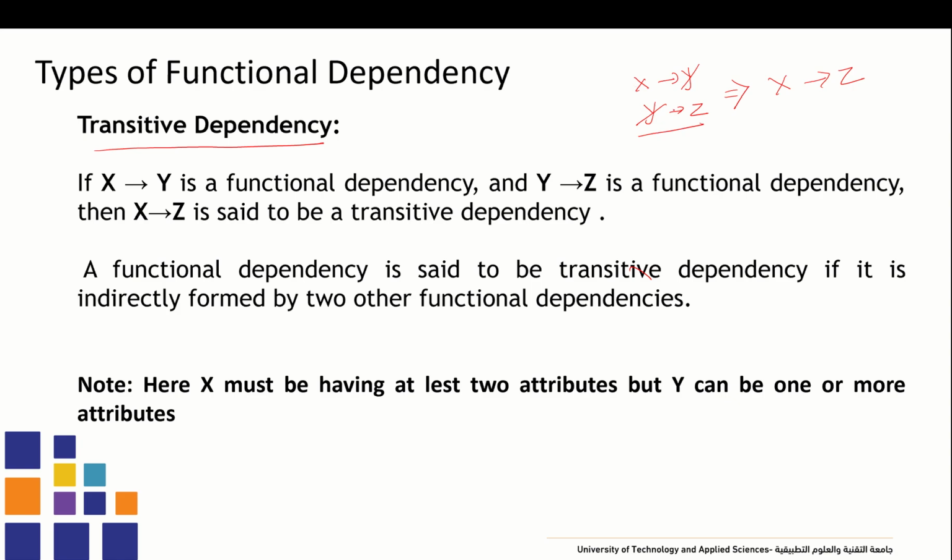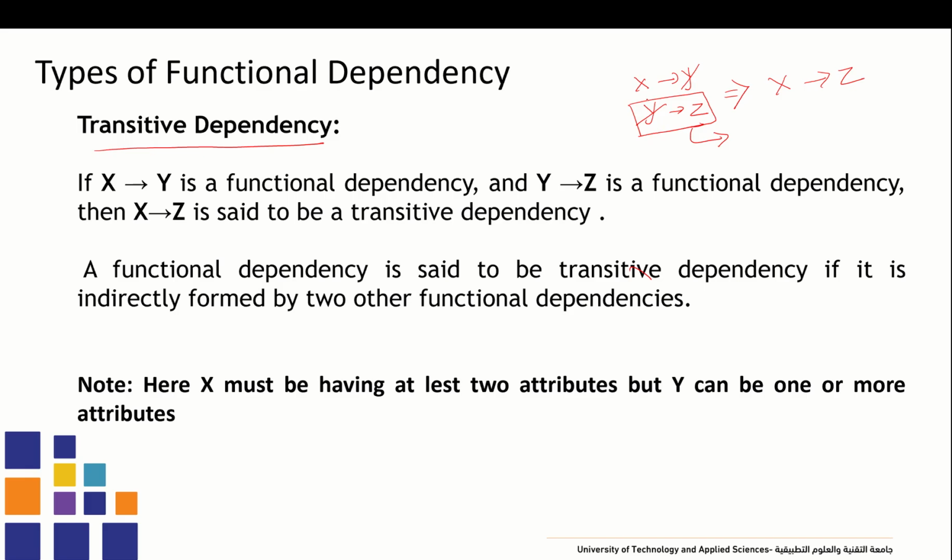By adding y determines z, you are able to derive a new functional dependency, x determines z. This functional dependency is called transitivity dependency. If any functional dependency is creating another functional dependency, then that dependency is called a transitivity functional dependency.